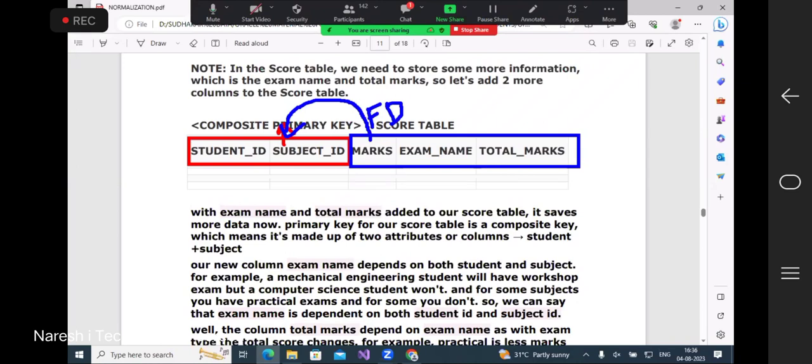For example, 10th class. In Telugu states, 10th class students were writing almost 11 examinations. Now it has changed to only 6, but a few years back they were writing 11 exams.